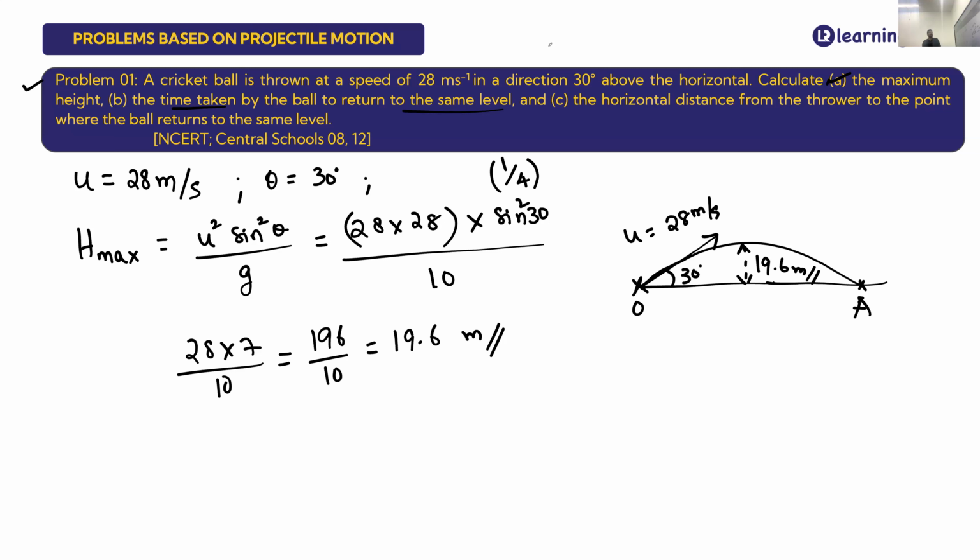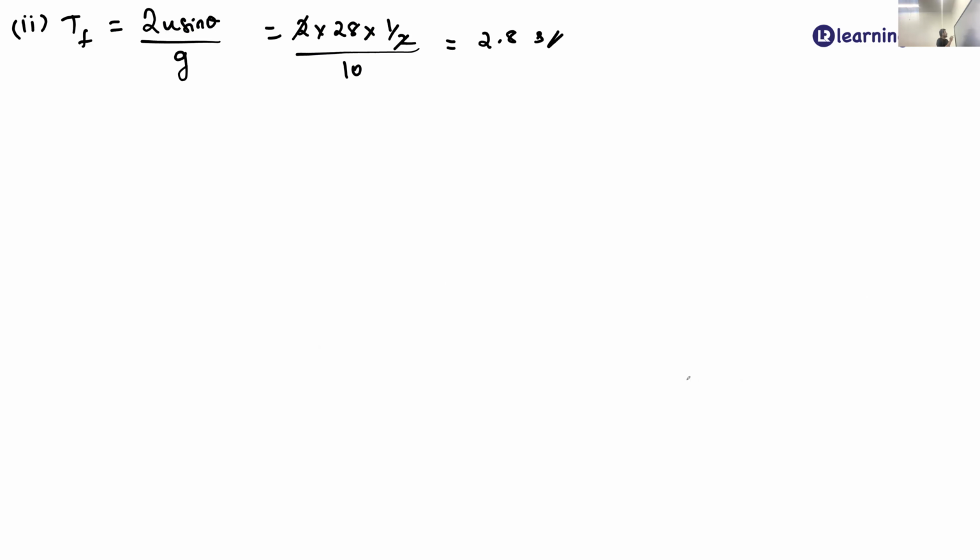The last part of the question is the horizontal distance from the thrower to the point where the ball returns to the same level. Meaning, they are asking this distance, and this distance is going to be the range, or you also call it the horizontal range. So what is going to be the formula for range?